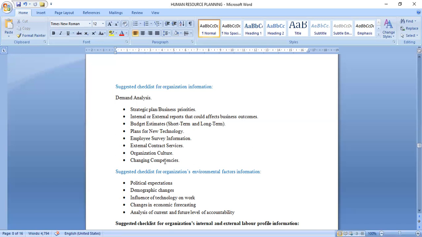Then look at the external contract services, right? The external contract services here, we mean that, for example, you have contracts as an organization. You can be an organization, but you're having other consultancies coming in.